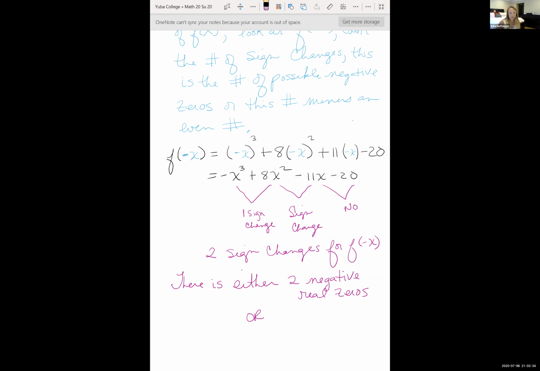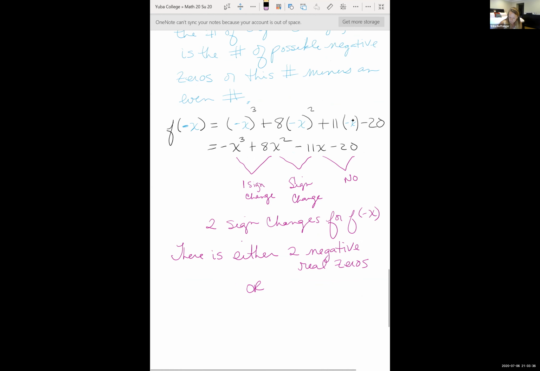So 2 minus 2 is 0, or no negative real zeros. Okay, so where this could be helpful is I know there's either 2 or 0. So if I find one real zero, then I know there has to be another one out there.